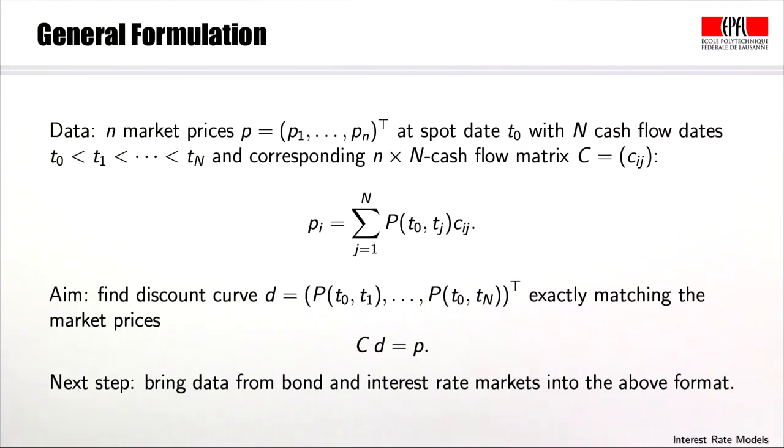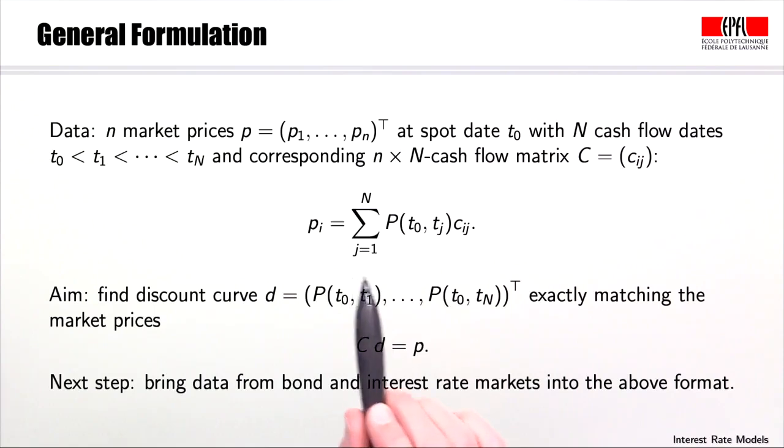Formally speaking, the market data that is given to us at the spot date T0 is stacked into a vector P of n market prices. Each of these instruments yields a cash flow Cij, so that the value of instrument i is given as the sum of the discounted cash flows Cij.